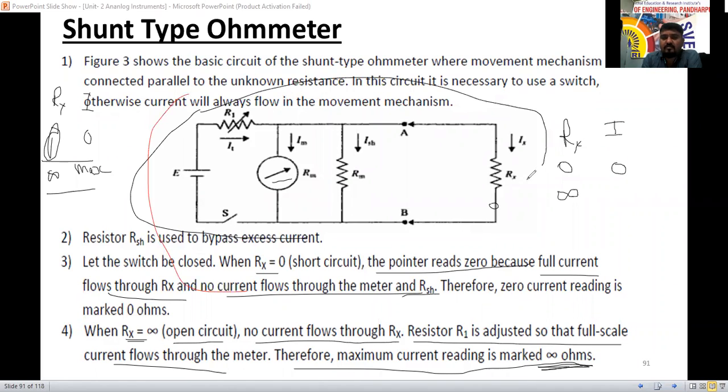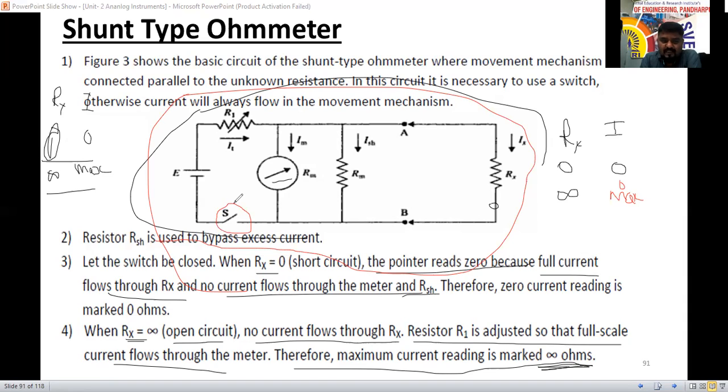Maximum, are you sure? I will say 0. How is it maximum, you tell me. Can you observe this switch? What is the position of this switch now? Open circuit.